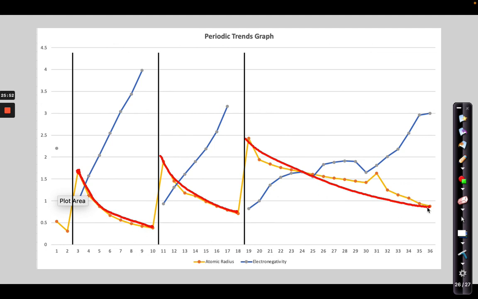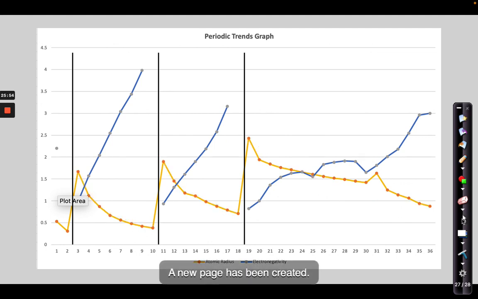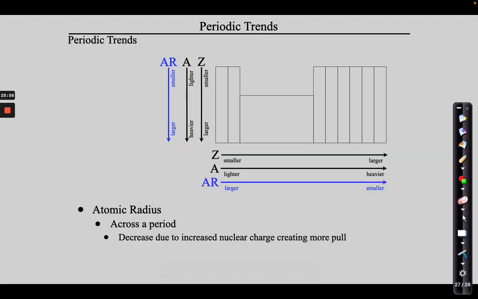As we go across a period, that atomic radius gets smaller because we're getting increased nuclear charge. We're putting more positive charge into that nucleus, which creates more pull.